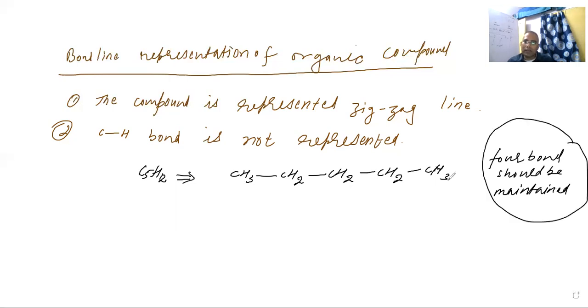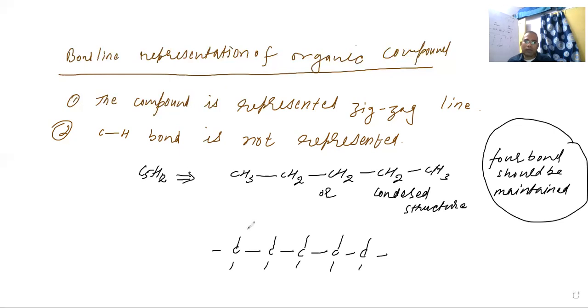So that is why here it is CH3. You can write the complete structure; this is what is known as the condensed structure, where you are not mentioning the C-H bonds. If you mention 4 bonds on each carbon, then all the places have hydrogens.